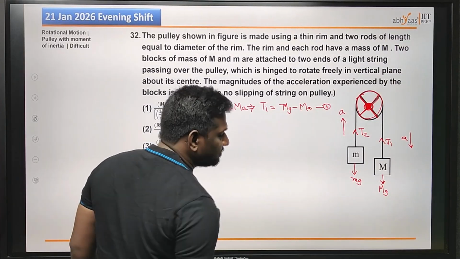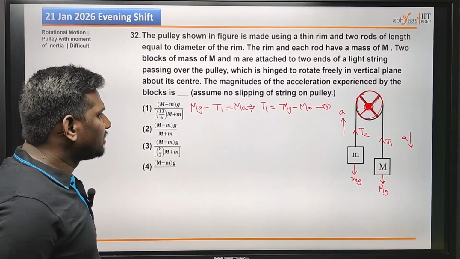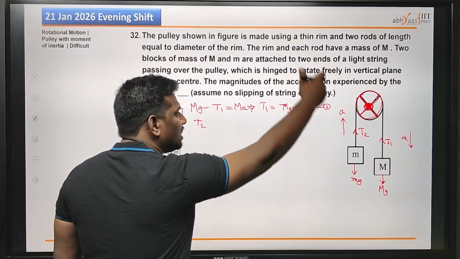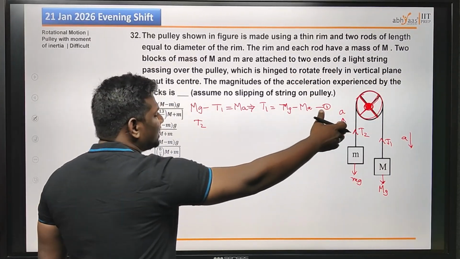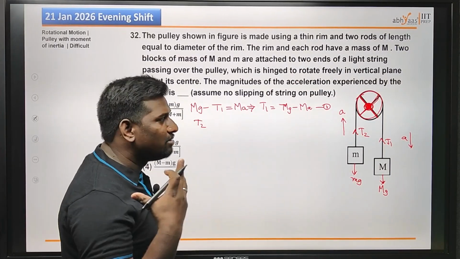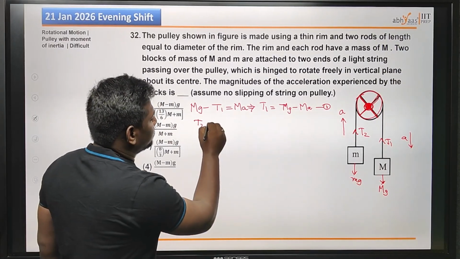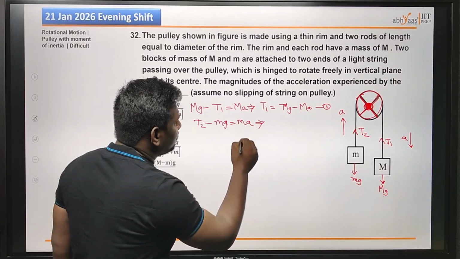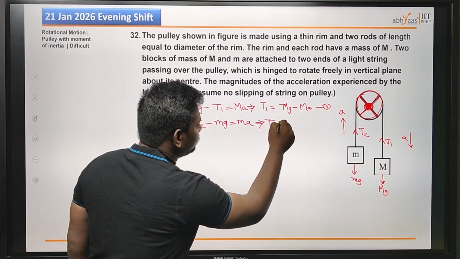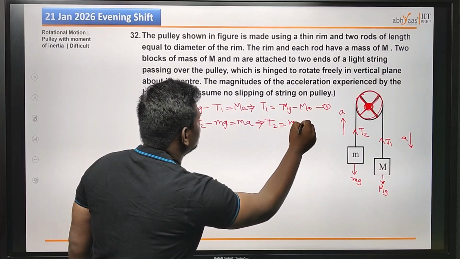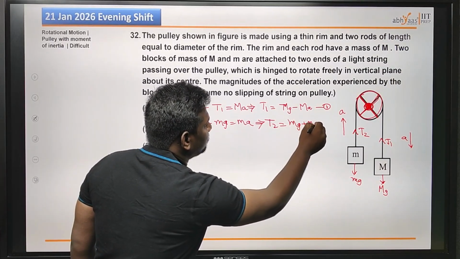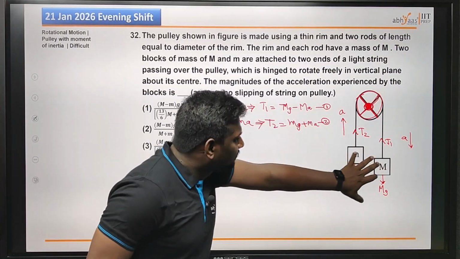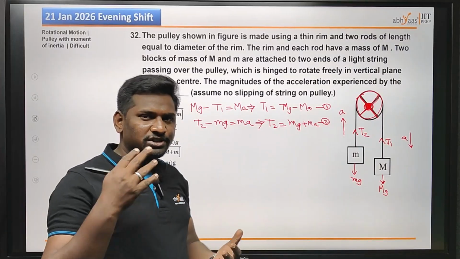Take it as equation 1. Similarly, write for the second one. T2, because acceleration is acting upward, tension is more as compared to the gravitational force. So T2 minus mg equals ma, so T2 can be written as mg plus ma, equation 2. So the free body diagrams of the blocks are over.